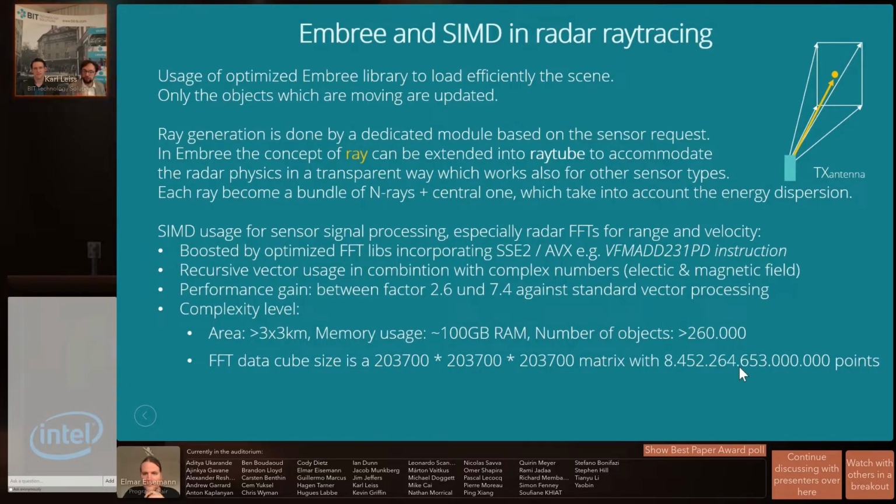In the top right part of the slide, you can see the simplest ray tube you can imagine. It's actually a bundle of 5 normal rays. The central one carries the information on the electric field and magnetic field, and the adjacent rays take into account the energy integration after each bounce. We already achieved very good results, but I let Karl present them in the second part of this talk.